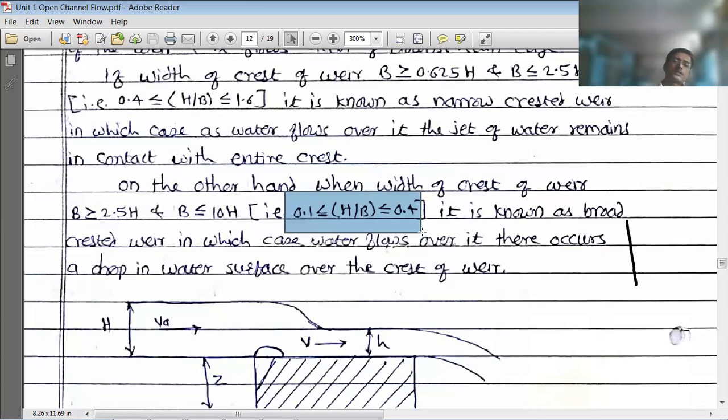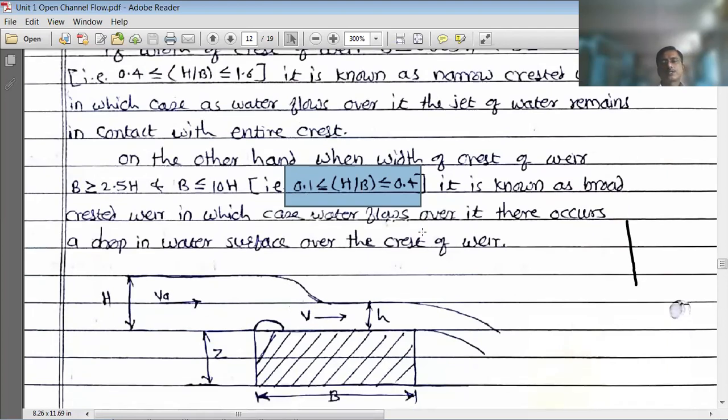If the H by B ratio is greater than or equal to 0.1 and less than or equal to 0.4, then it is called a broad crested weir.